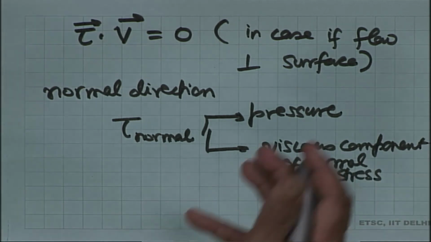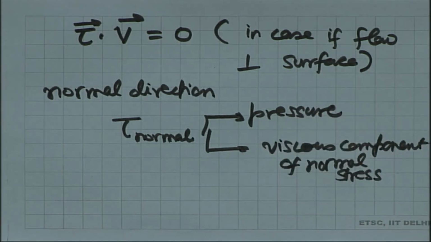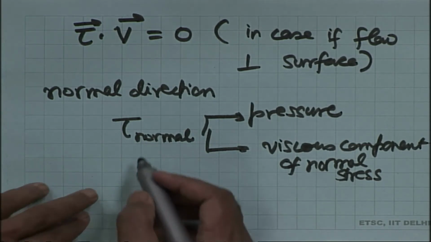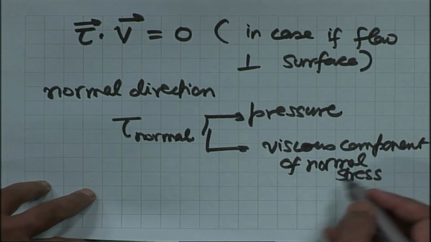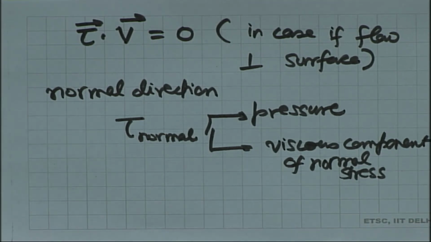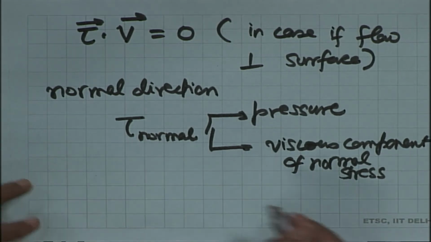So, the work done by pressure has already been accounted for in the pressure term, and if the viscous term has a normal component, then we are neglecting this.